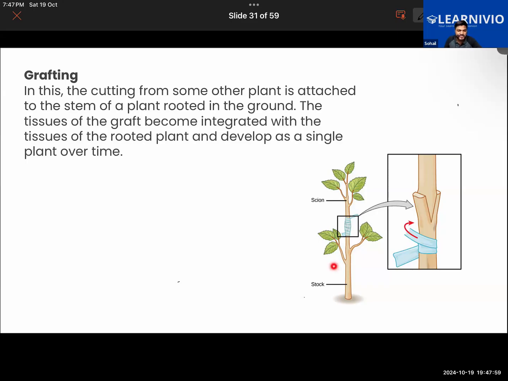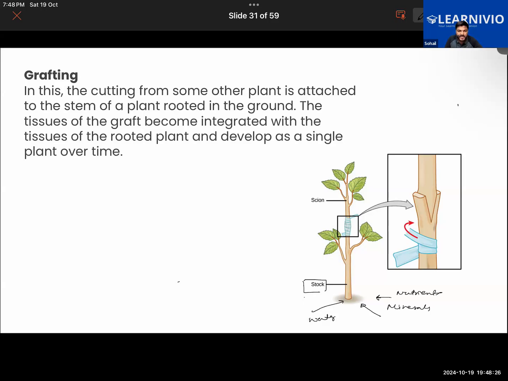So one plant remains rooted in the ground, and this is called the stalk. This stalk will be providing the essential nutrients and water. Its function will be to provide the water, essential minerals, or basically the nutrients.